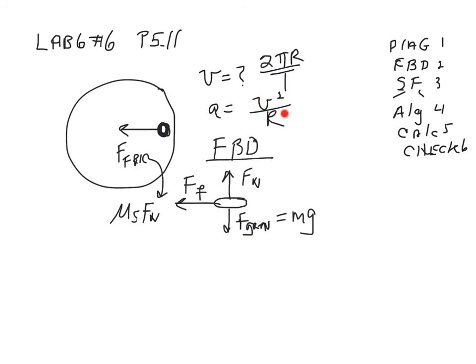So the key thing here is going to be the radius, because you're going to measure that. So make sure you measure from the center of the circle to the center of the coin. Or another way of doing it is get the position of the coin here and let it go to the other side, and then measure the position of the coin, and that will give you the diameter, right?